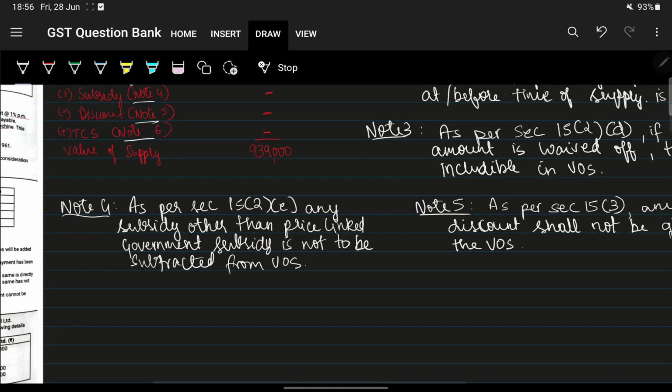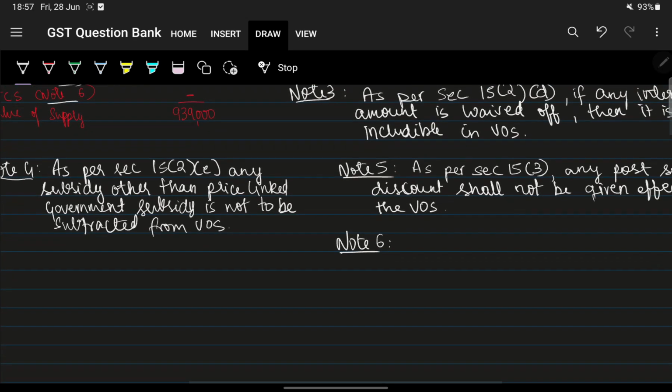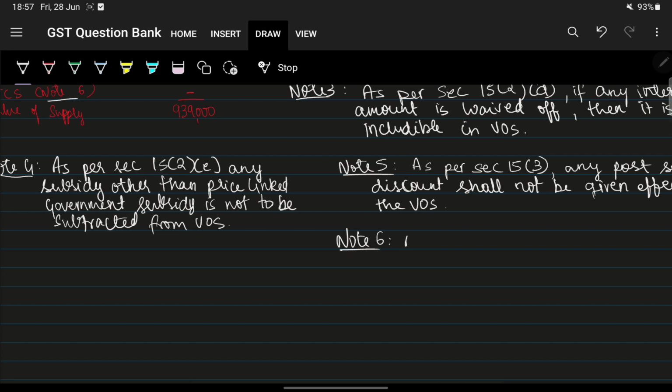Next, note 6 is TCS again. Note 6, this is relating to the taxes. Any tax other than GST and TCS is not to be included in the value of supply.